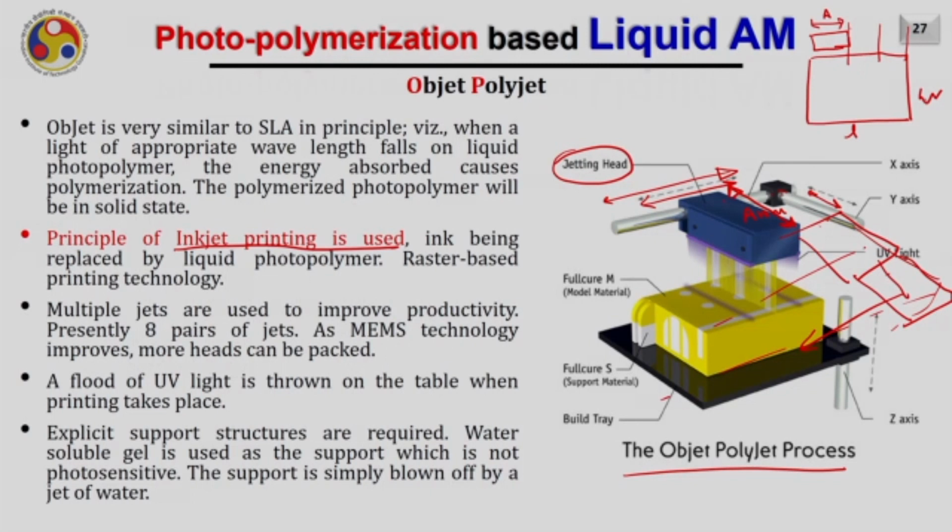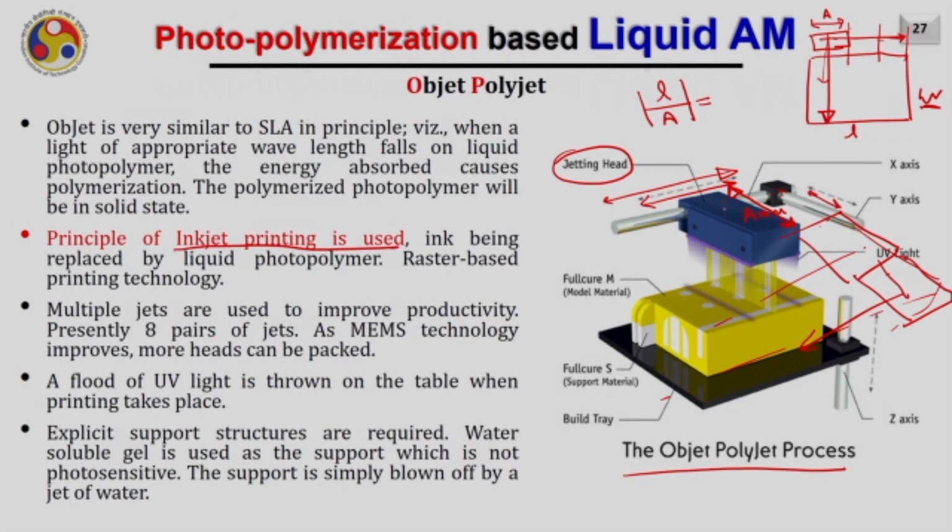So how many positions will be required can be found out easily by dividing L by A. Whatever integer comes in this case, that will be the number of indexes required for the head. It will move back and forth in this direction and then again it will come to the next position, and in that case also it will move back and forth like this and it will keep moving forward as well.